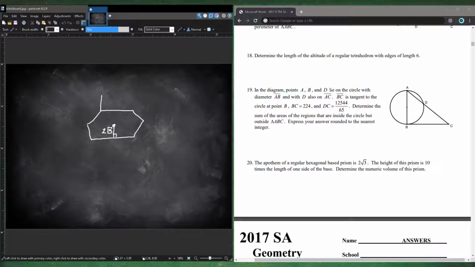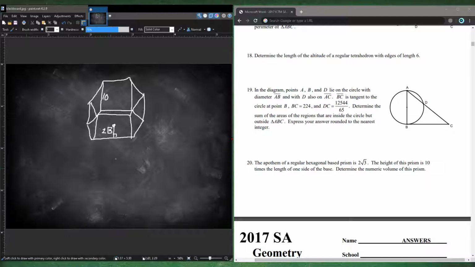Now we have a height, so it goes up, right? So we could draw a hexagon right here, and this height is 10x. So to find the volume of this is area of the base times height.